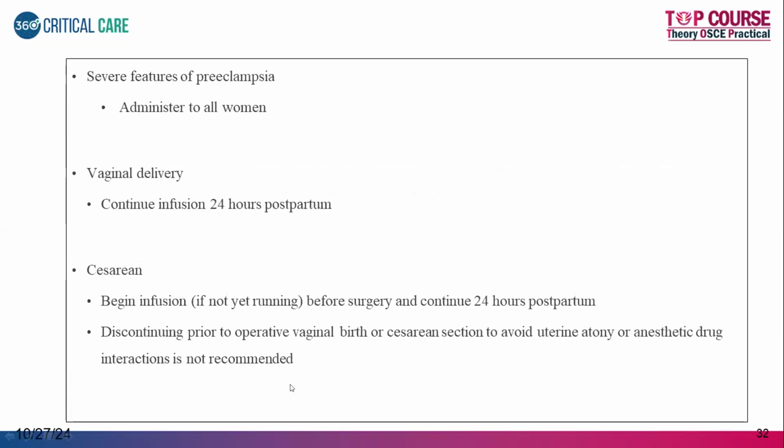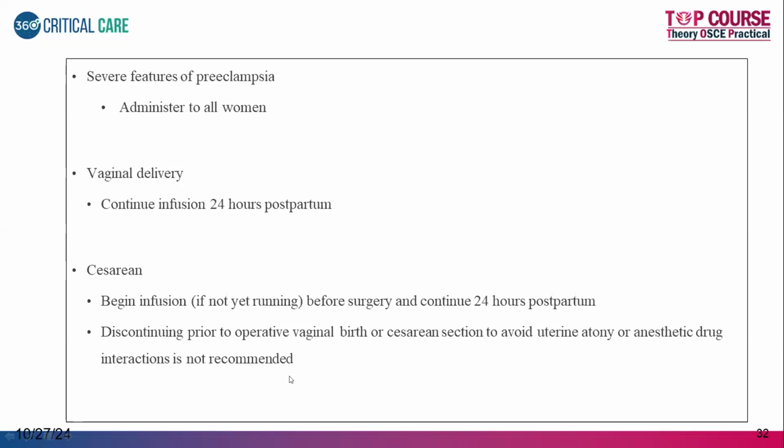As I told, continue the infusion 24 hours postpartum after vaginal delivery. And if it is a cesarean delivery, begin the infusion before surgery and continue 24 hours postpartum. Discontinuing prior to operative vaginal birth or cesarean section to avoid uterine atony or anesthetic drug interactions is not recommended.